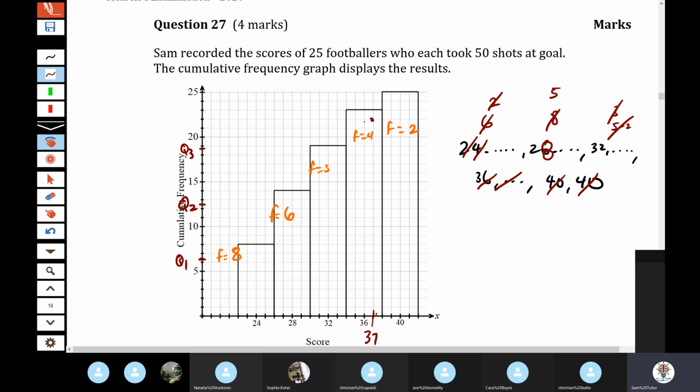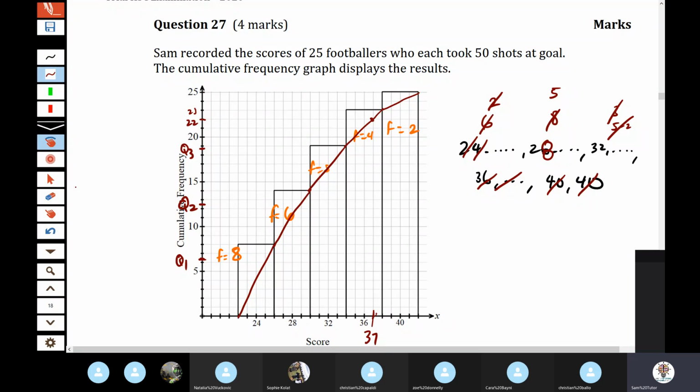How would you have known that? 20, 21, 22 to 23. The only way is through a polygon. Yeah, that's the only way, right?